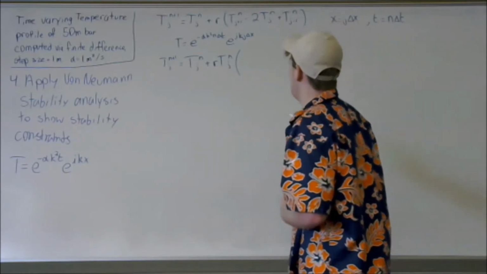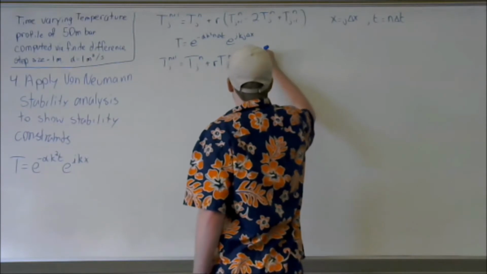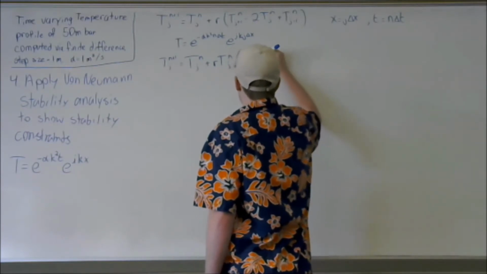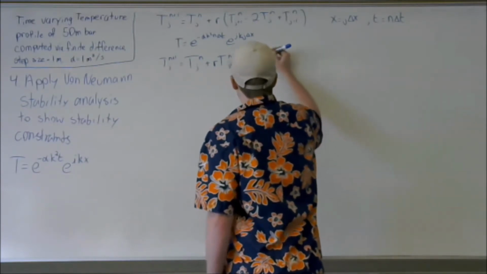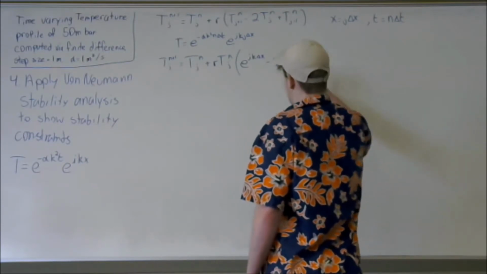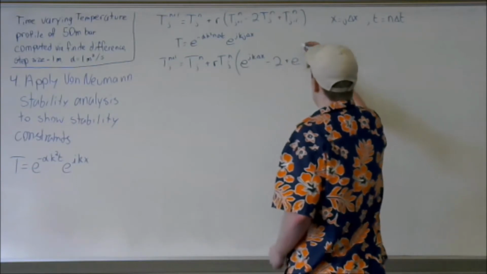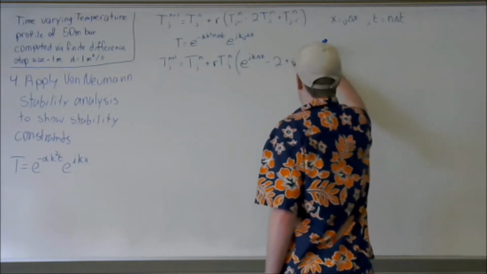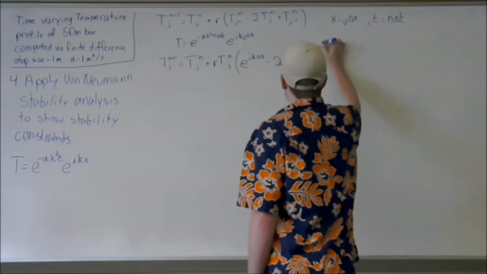That leaves us with an e to the i k delta x minus 2, plus e, there you go, to the negative i k delta x.